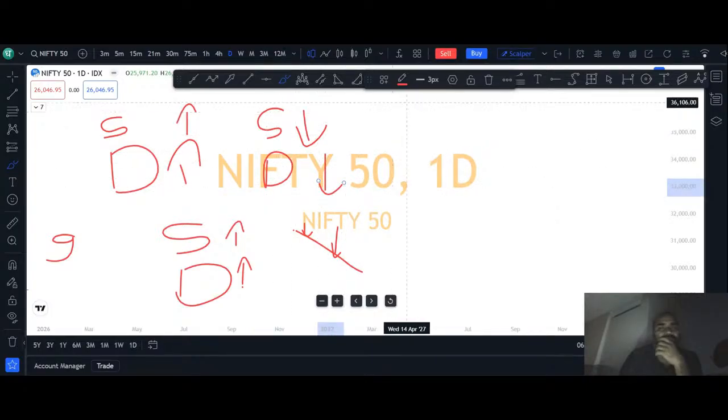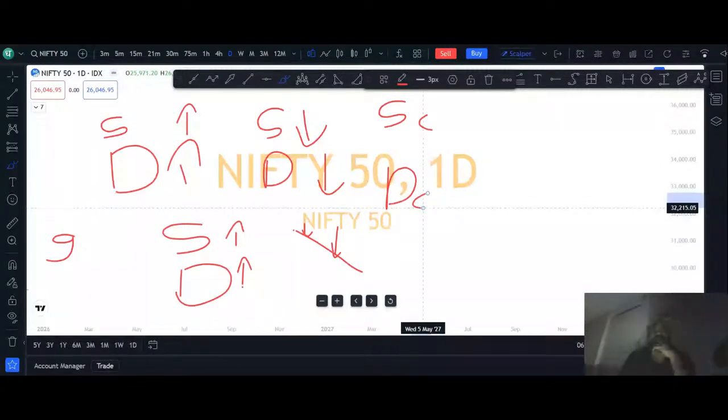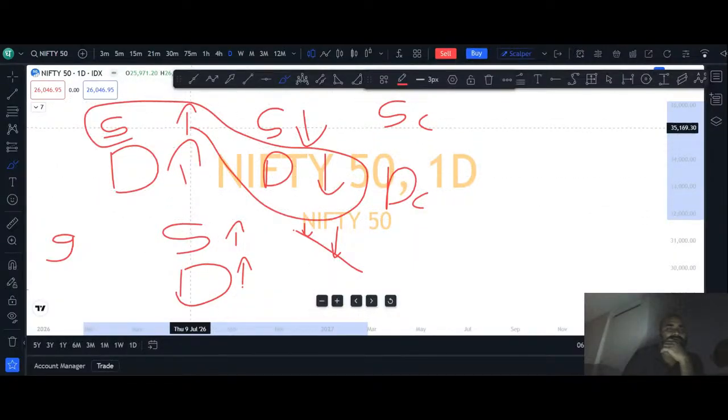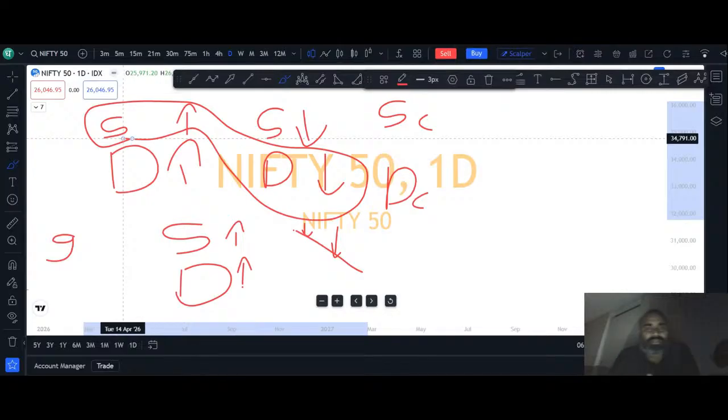Another one is supply constant and demand also constant. Basically, we need to club these price actions on the whole stock market. You can trade any market in the world. It depends only on these nine structures: supply increases, demand increases, supply decreases, demand decreases, and supply constant, demand constant.